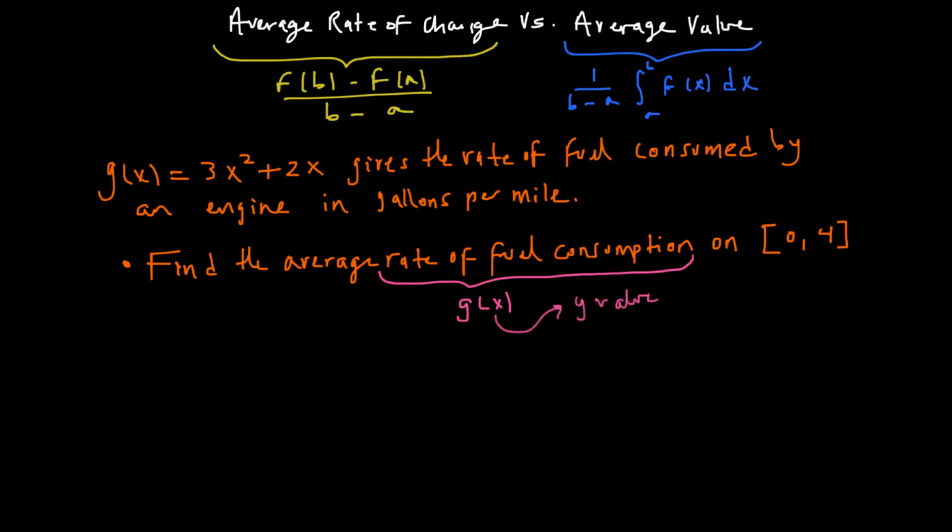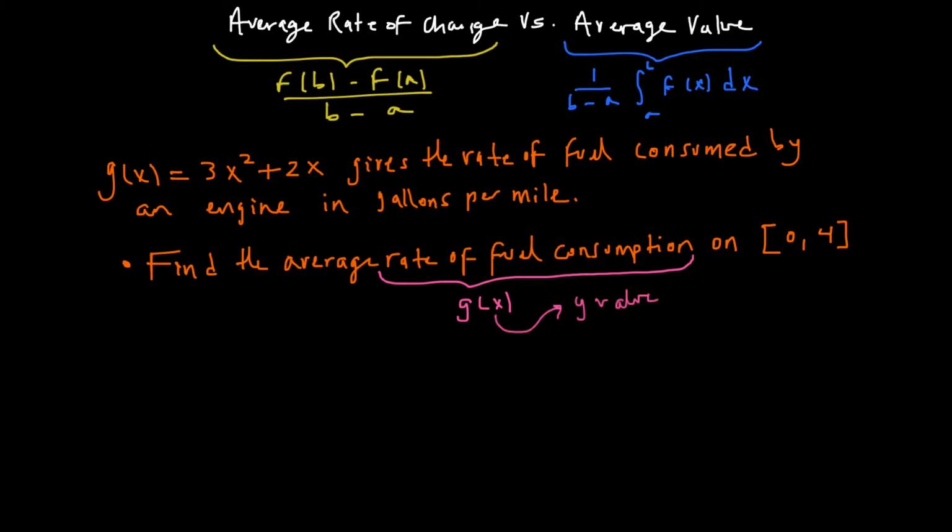It didn't specifically say average rate of change of g of x. And I hope you can see then that this is an average value question, because you can replace what I underlined by g of x. So they want the average of g of x, which happens to be y values.